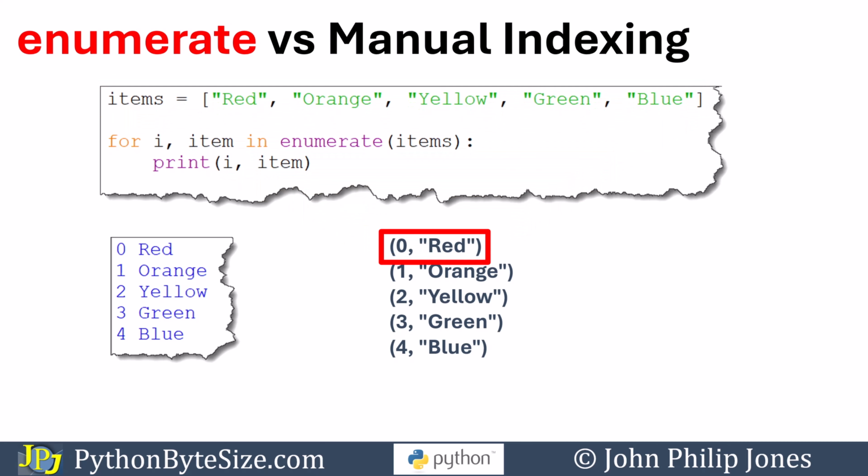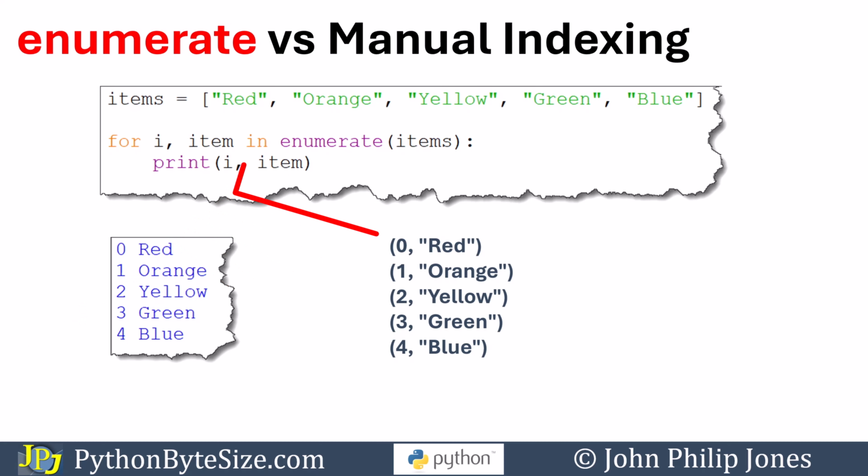So this tuple holds the index position of red, this one holds the index position of orange, and this one here holds the index position of blue. And each tuple is unpacked as you go round the loop. So there was no need for the len function, and there was no need for the range function.